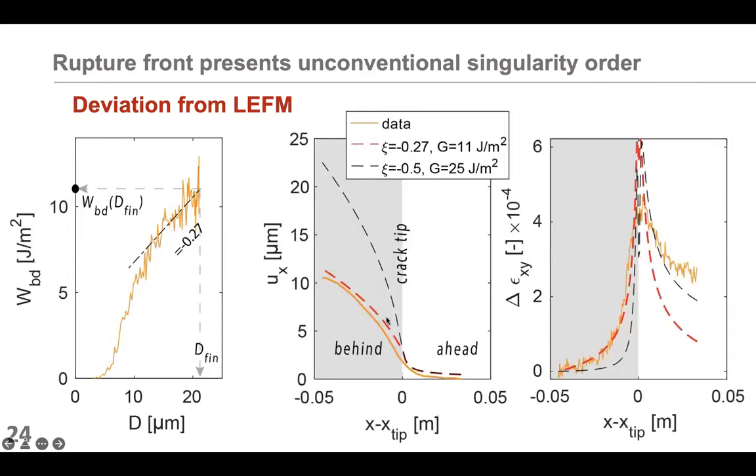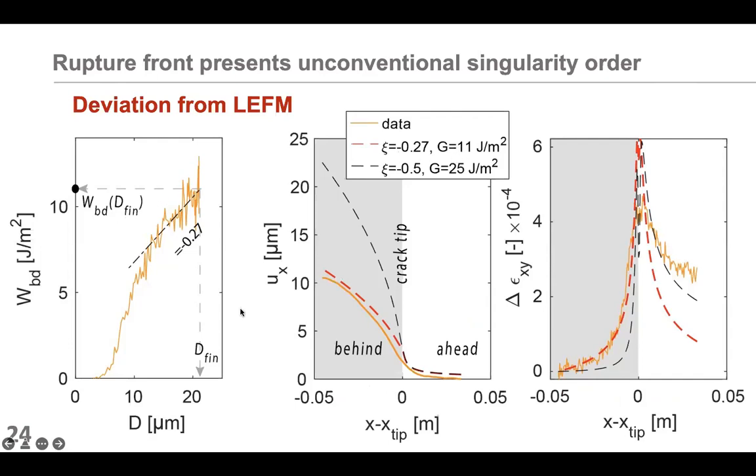And if we do the same analysis, in this case, the unconventional theory allows us to model the displacement as a function of the position to the crack tip using the Xi exponent and using the final value of breakdown work that we measured experimentally.